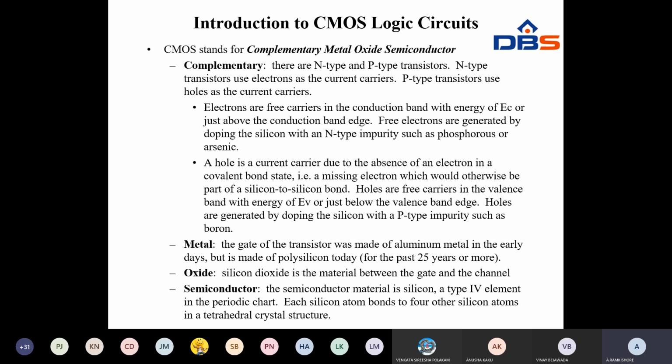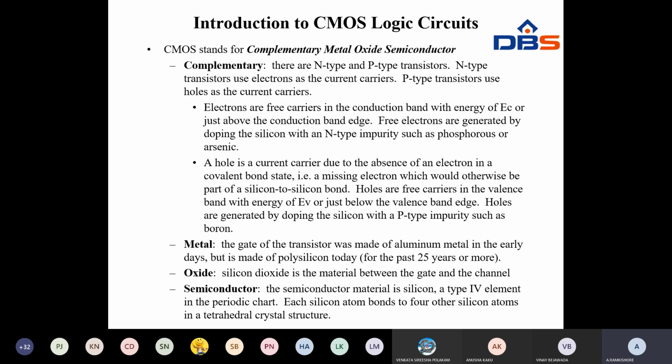So here CMOS stands for complementary metal oxide semiconductor. What is the meaning of complementary? There are N-type and P-type transistors. N-type transistors use electrons as the current carriers, and P-type transistors use holes as the current carriers. Electrons are free carriers in the conduction band with energy EC just above the conduction band edge.